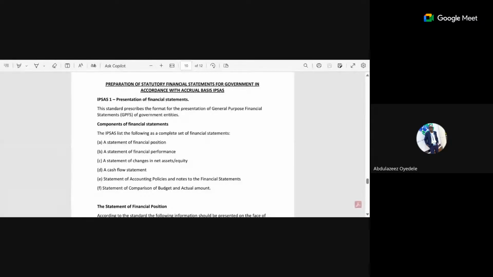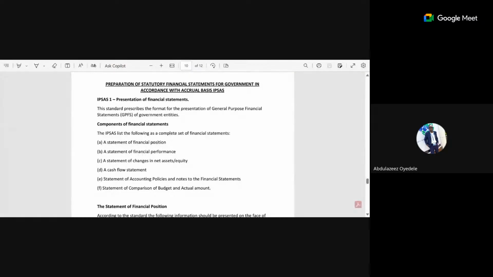So you should know that revenues or expenditures that do not relate to the particular year you are preparing for will not enter that particular statement you are preparing. So that's the nature of the statement of financial performance. It is for revenues and expenditure.